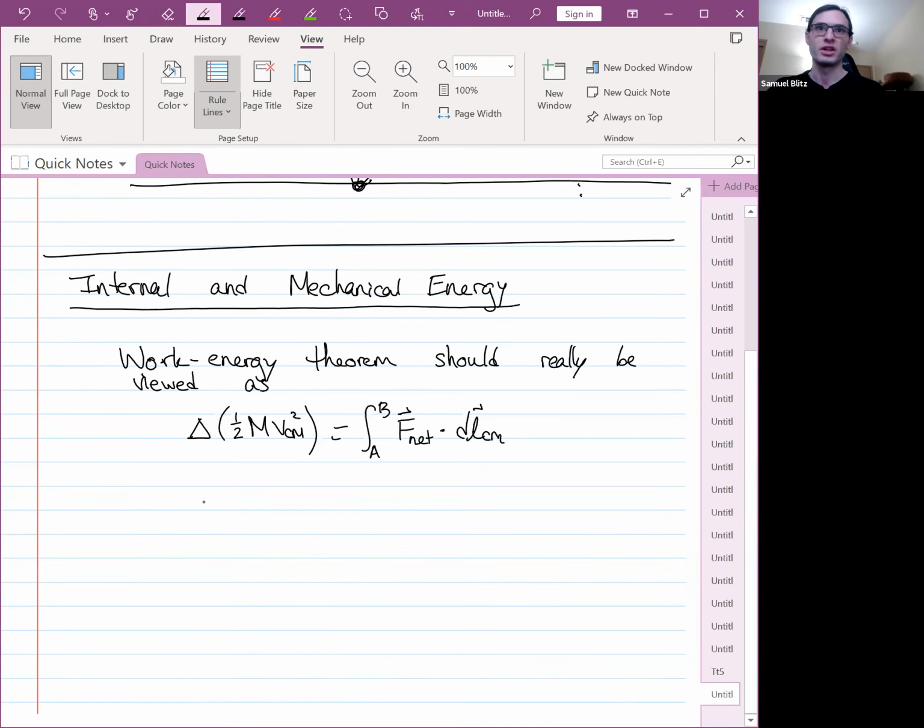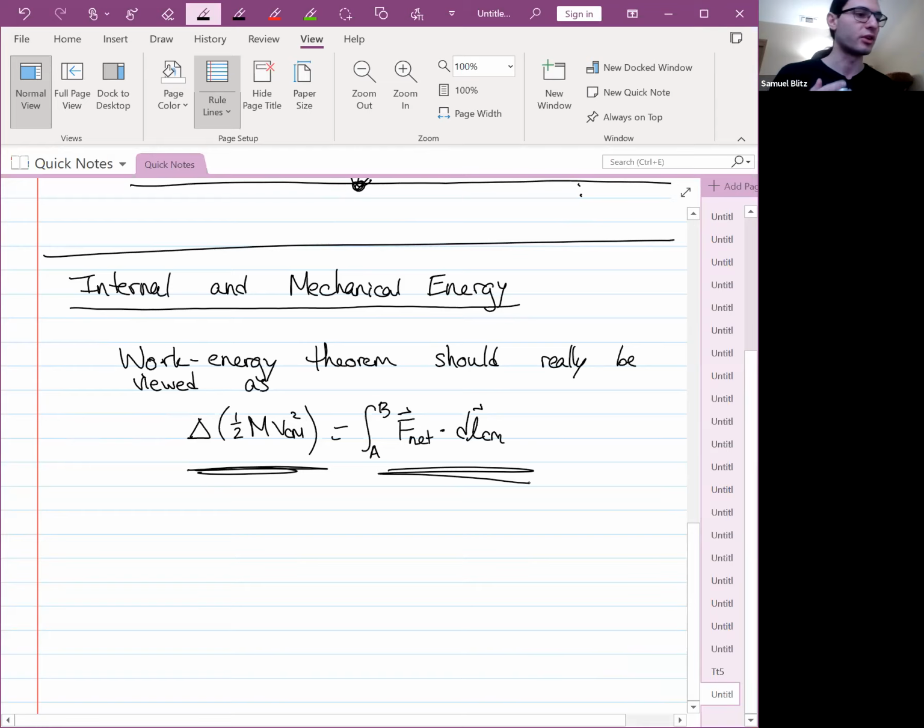It's made up of trillions, quadrillions of atoms, and those atoms are moving around and doing their own thing. When you push on the ball, you're not pushing on some abstract concept of ball, you're pushing on the atoms, and those atoms are pushing on the other atoms, and so on. So how do we treat the work energy theorem in that case, where any given object is actually a composition of many, many other objects that we can't easily observe?